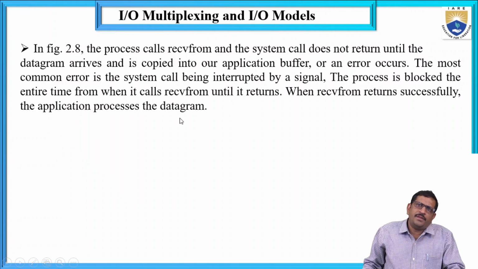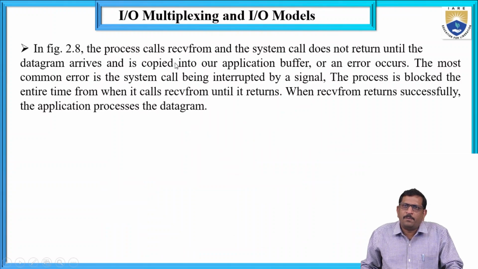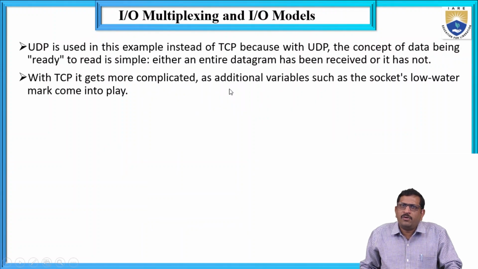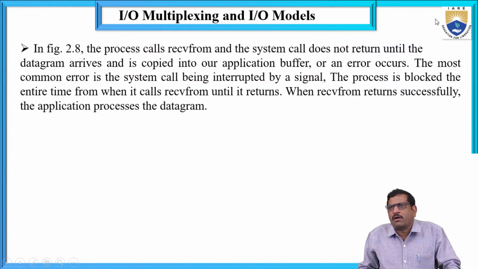Now if you see this figure, the process calls recvfrom, a system call. The system call does not return until the datagram arrives and is copied into the application buffer at the client side, or an error occurs.